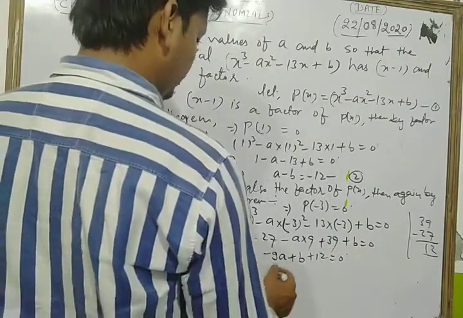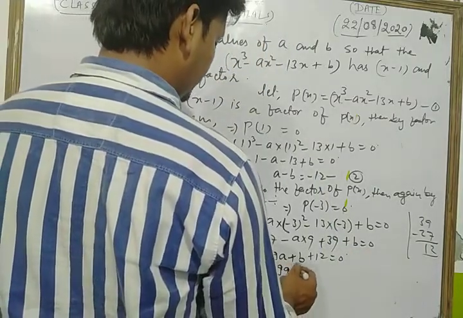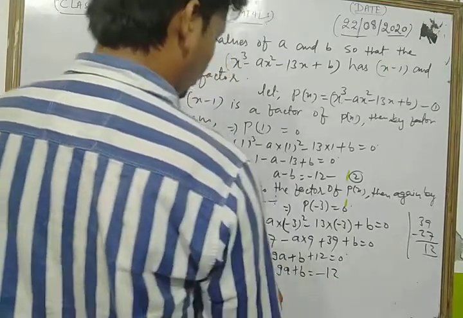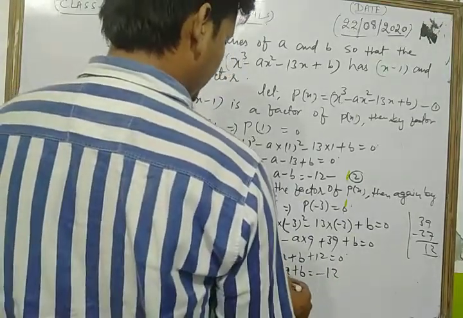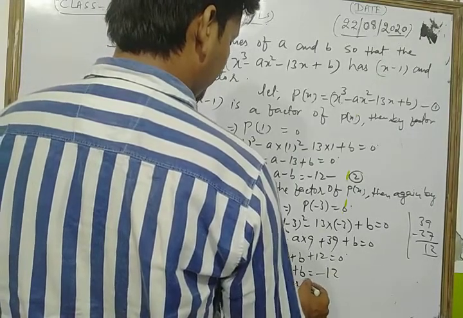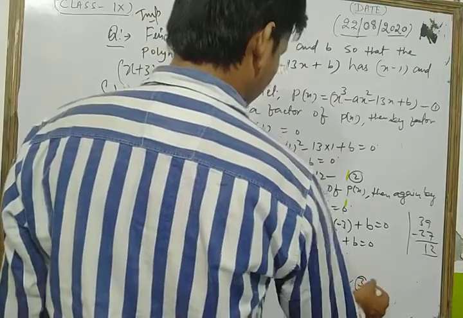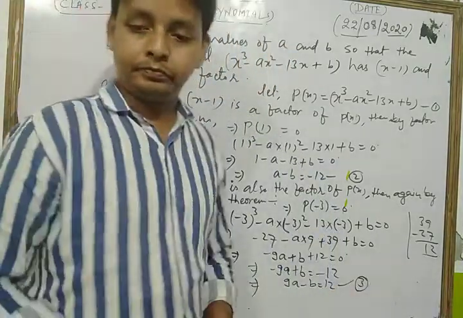Now we have minus 9a plus b is equal to minus 12. Now we multiply both sides by minus, so we get 9a minus b is equal to plus 12. Take this as equation 3.